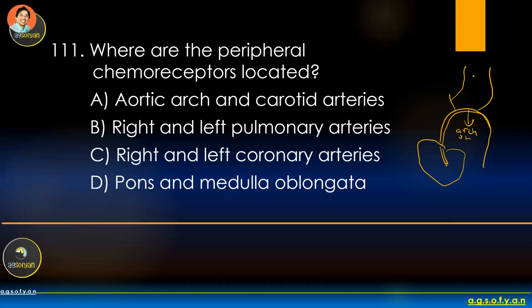The arch of the aorta and the carotid artery have chemoreceptors, which are receptors that sense oxygen concentration or levels.